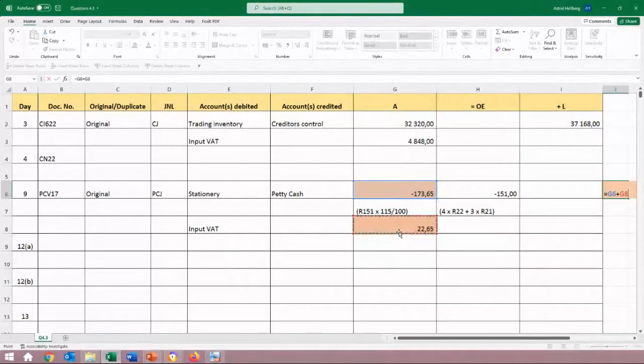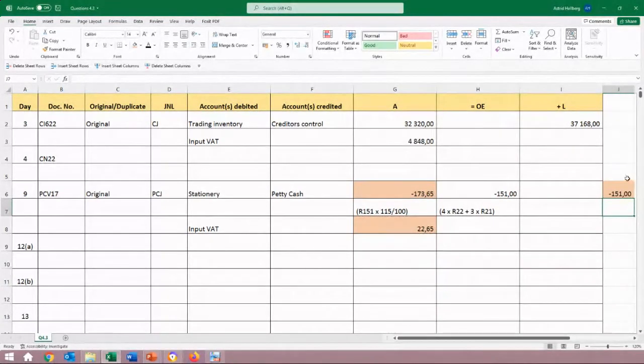Remember, the ones are negative, the ones are positive. Then I get a negative 151. So now I know the net effect of the assets is a negative 151, and that equals the negative owner's equity of 151, and liabilities would be 0. Can you see this is how you balance a transaction as soon as VAT comes into play?